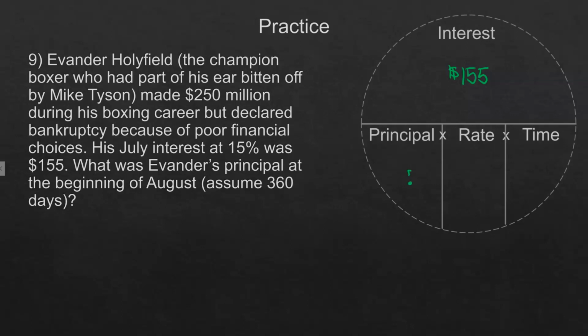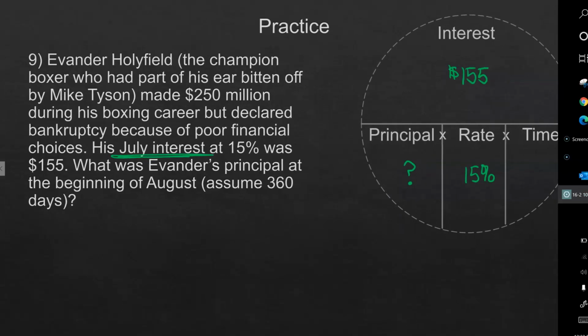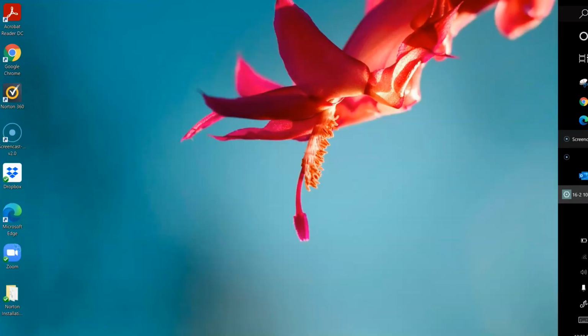That's the part we don't know. The rate is 15%, pretty high interest rate. And then the number of days for the July interest. It doesn't tell us the number of days, but July has 31 days, so we're going to use 31.